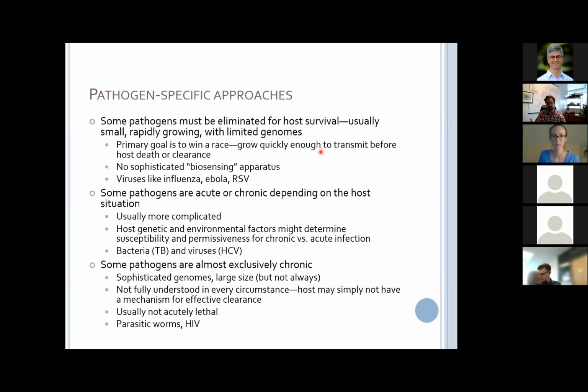And so the best example of this is something like influenza, Ebola, RSV, SARS-CoV-2, where the infection is going to produce billions to trillions potentially of viruses, and really only a couple hundred of them have to get out of the host and into a subsequent host for that infection to have been successful.